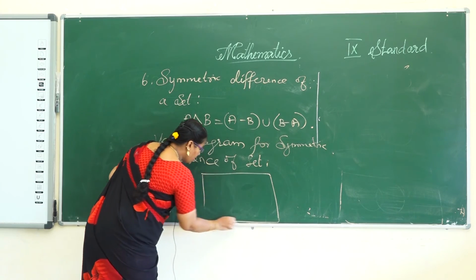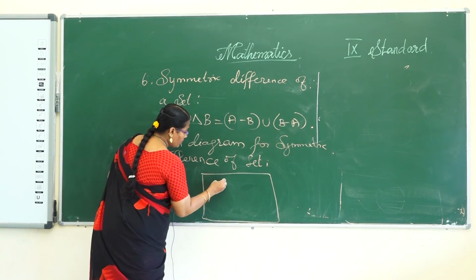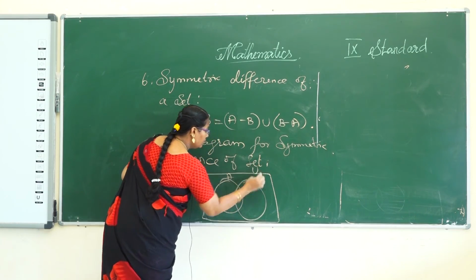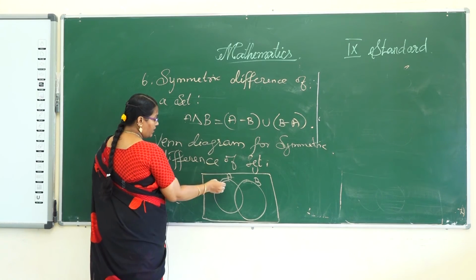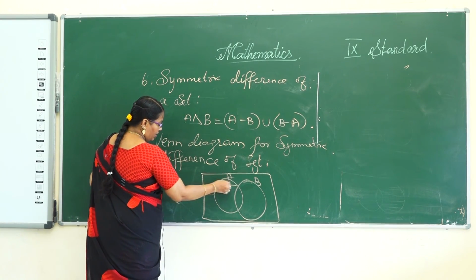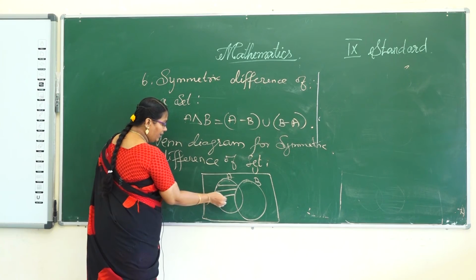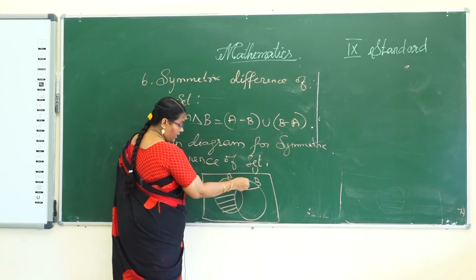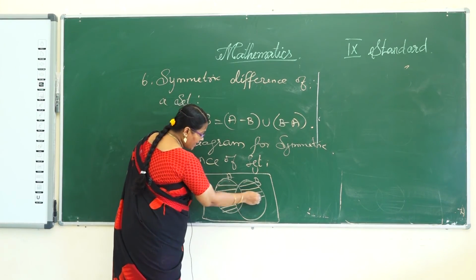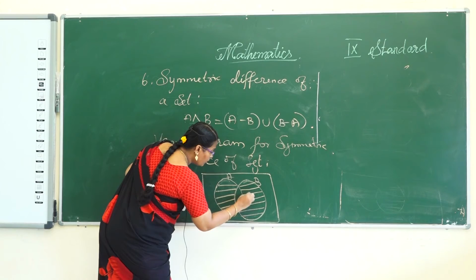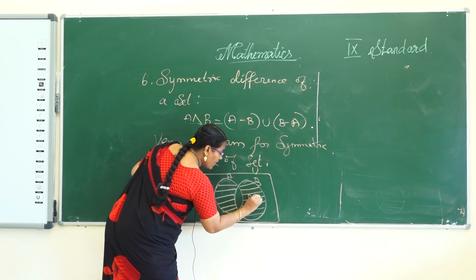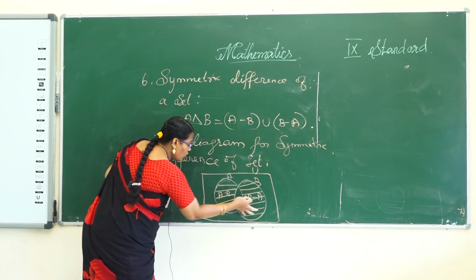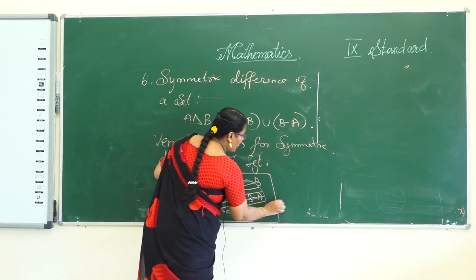First draw the universal set. Inside draw the two sets A and B. First draw A minus B, the elements present only in set A. Okay. And B minus A means elements present only in set B. This portion is denoted B minus A. This portion is denoted by A minus B. So join all the elements, we get the symmetric difference.